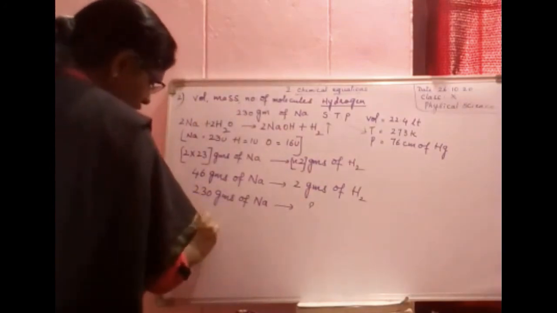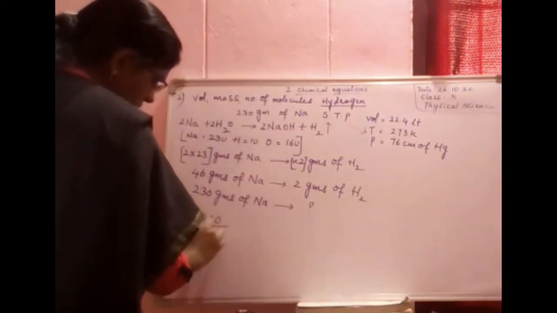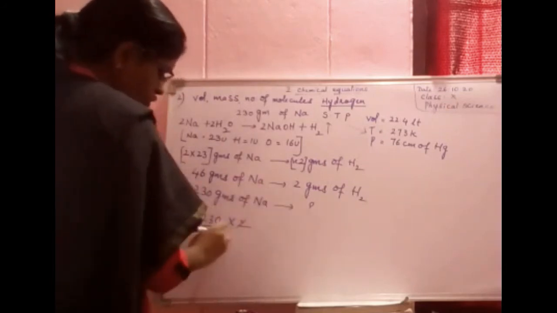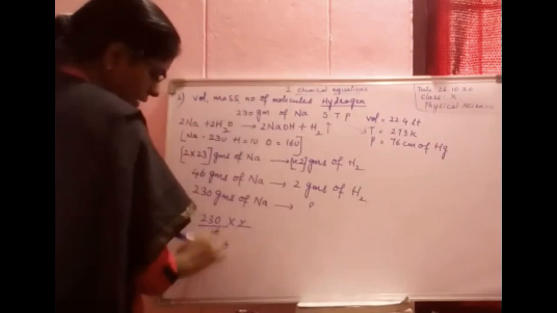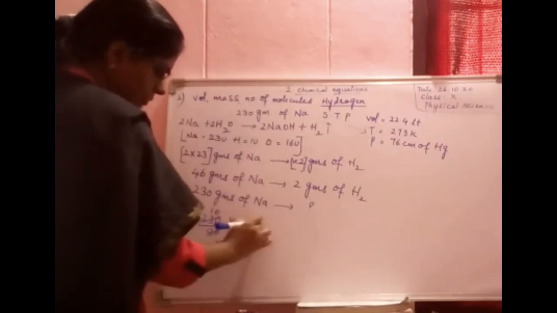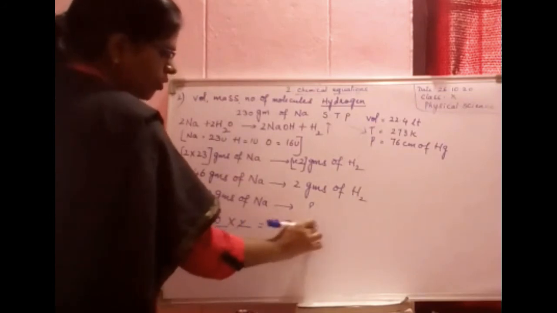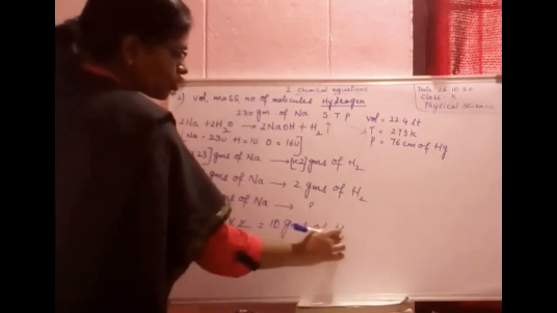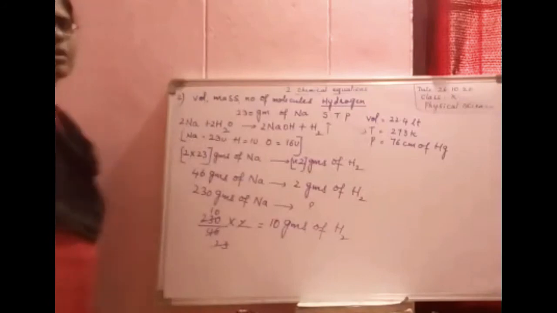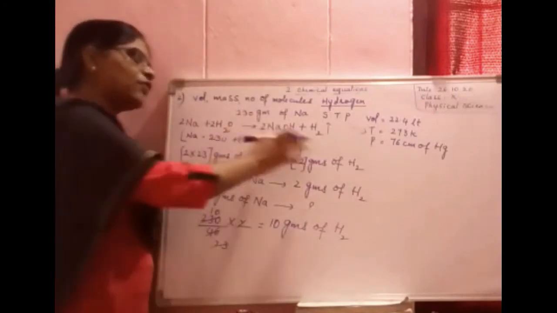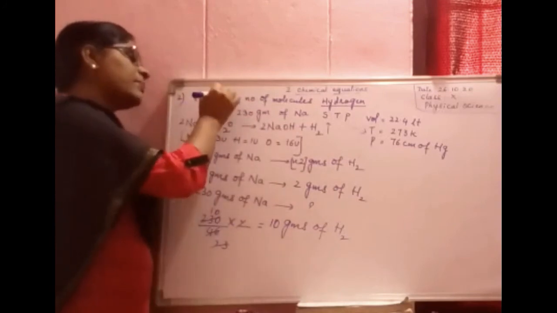Now 230 by 46 into 2. 2 how many times in 230? 23. 23 how many times? 10 times. That means 10 grams of hydrogen. Children, like this we have found only the mass.